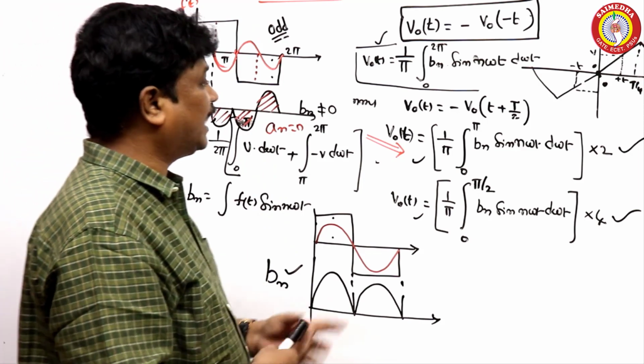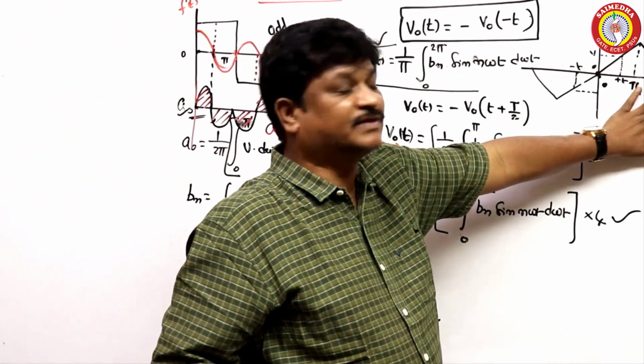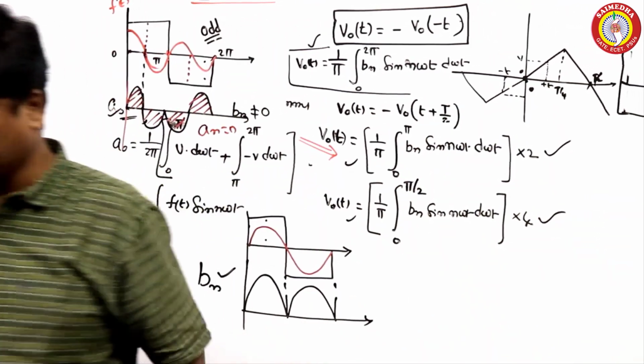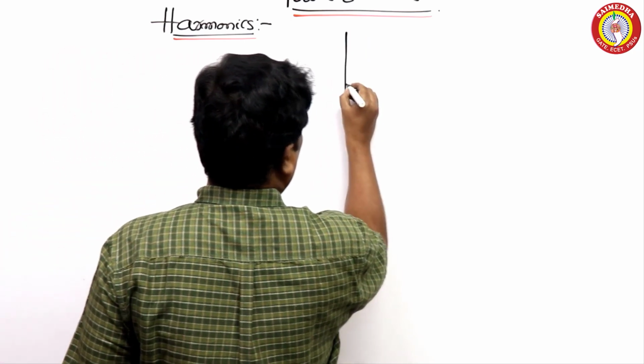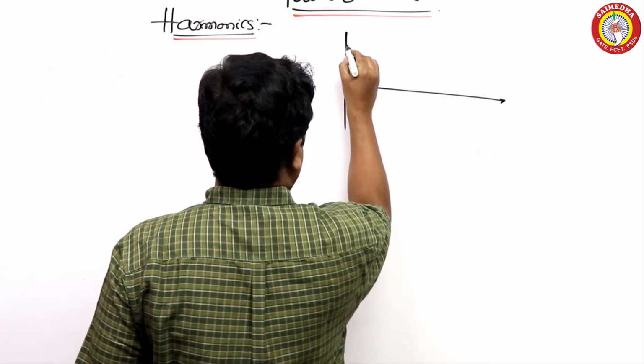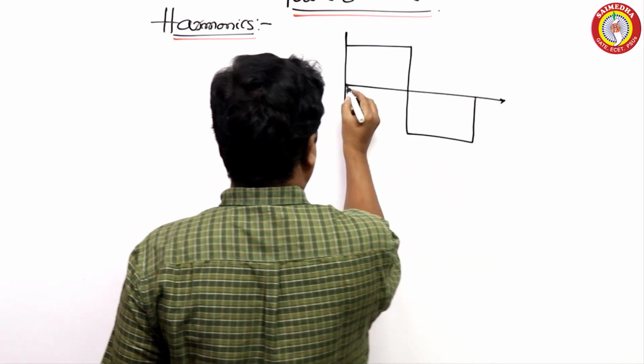Now what we want to calculate is the output voltage for this square wave. This is the square wave, a very important waveform.